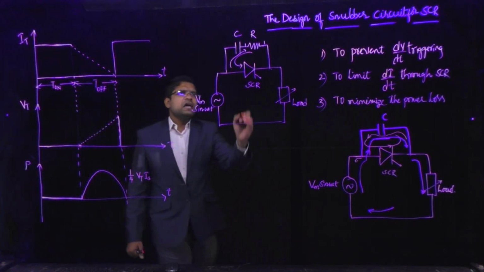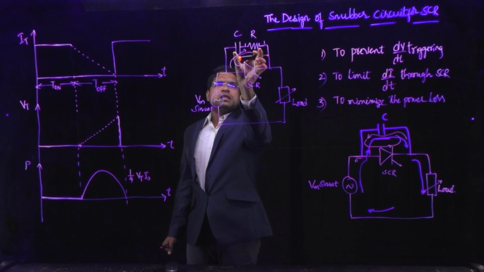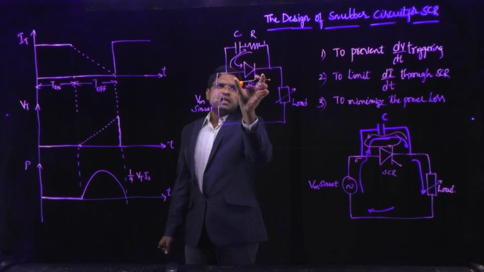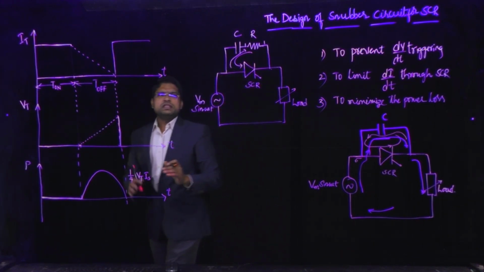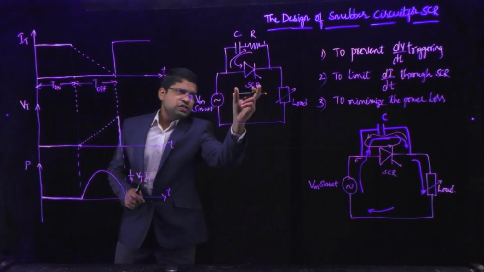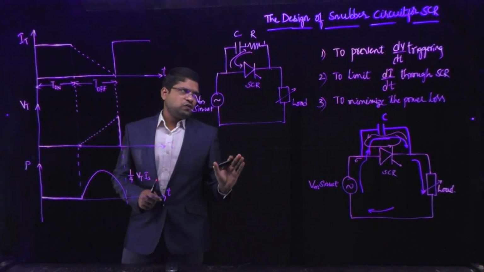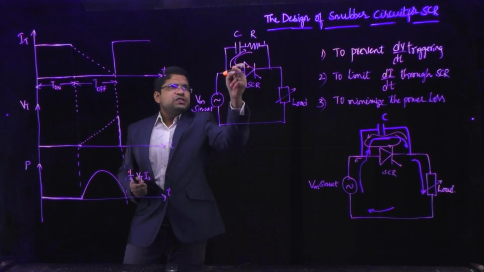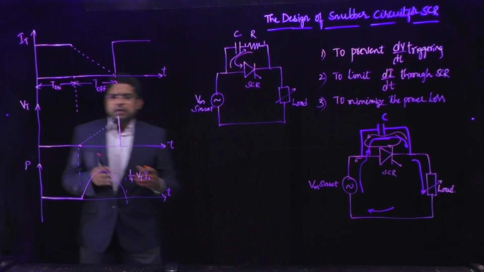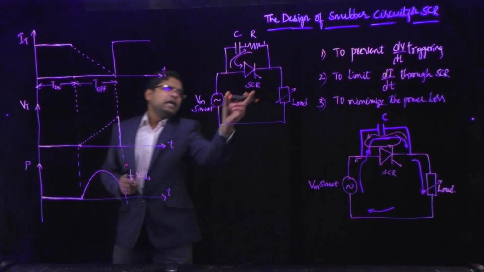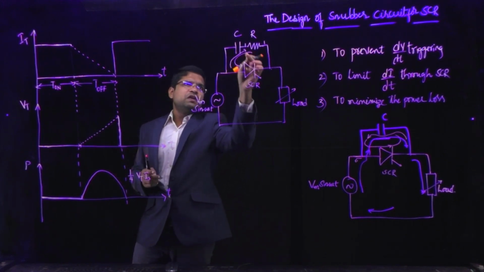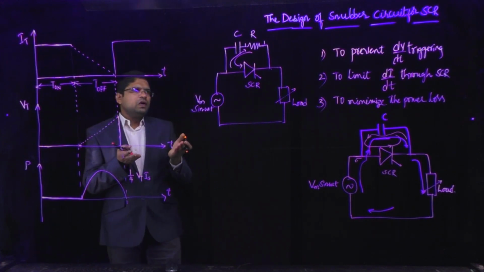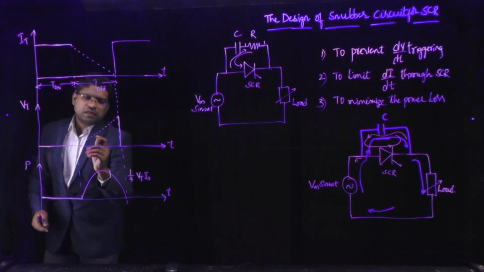Now, when I connect this combination, that means a capacitor in series with a resistance, in parallel with the SCR, what happens? We can observe that the sudden rate of change of voltage is minimized, and secondly, the capacitor is slowly getting charged. That means the voltage across the SCR during the charging period of the capacitor is slowly increased, linearly as I have shown.